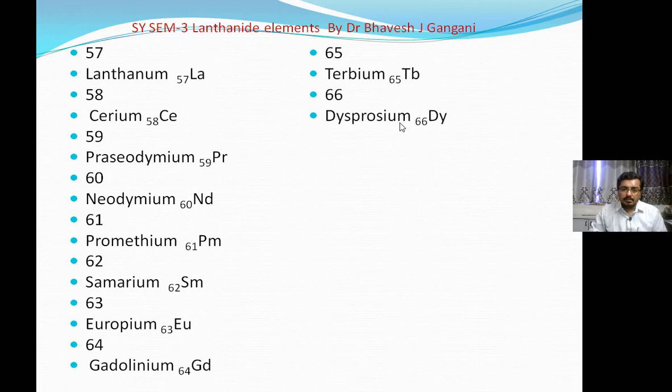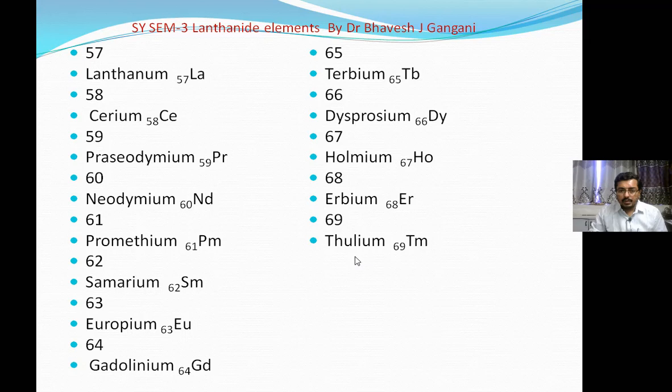Then dysprosium, symbol Dy. Then holmium, symbol Ho. Then erbium, symbol Er. Then thulium, symbol Tm, 69. Then ytterbium.